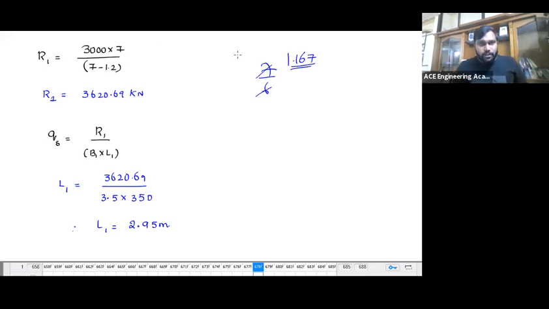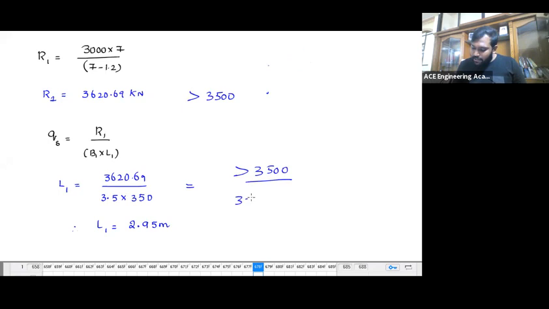Whatever the value you get over here, listen to me, this value is going to be more than 3500. If I take the nearest value, more than 3500. Now you substitute over here, more than 3500 by 3.5 into 350. Then this is going to be 10 times.